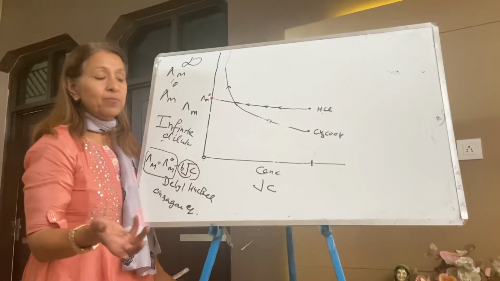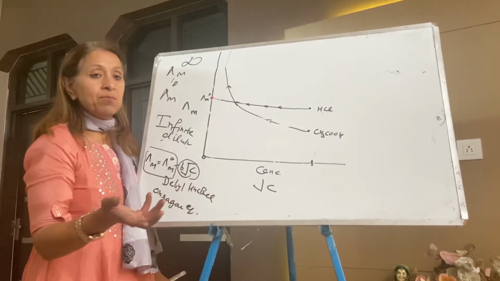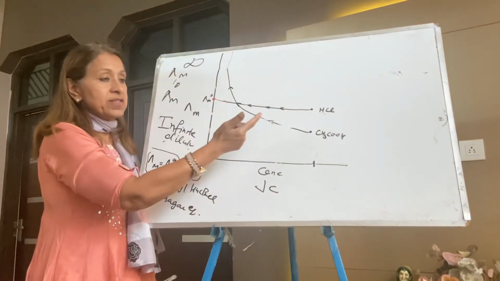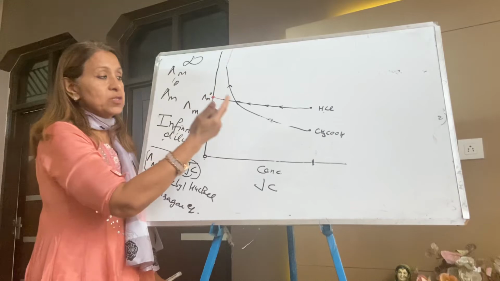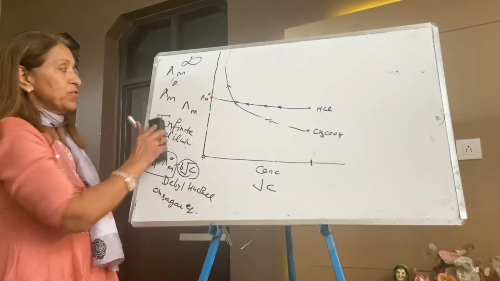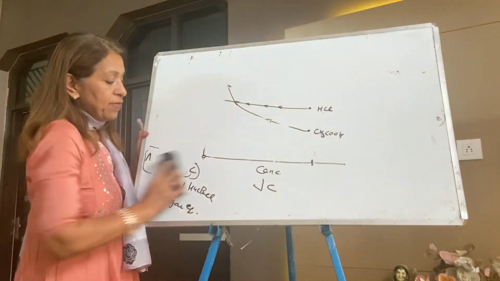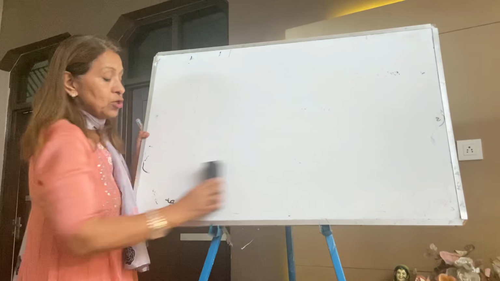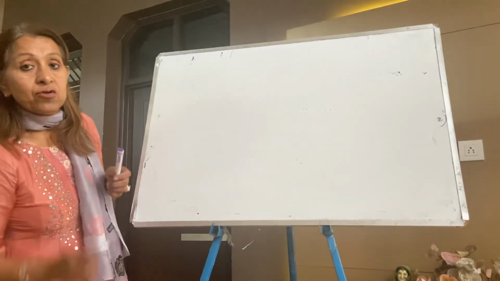Question number 1: why does lambda m of a weak electrolyte increase sharply, but there is only a little increase in the case of a strong electrolyte? And what is the drawback of this graph? From this graph, we cannot calculate lambda m naught of a weak electrolyte.